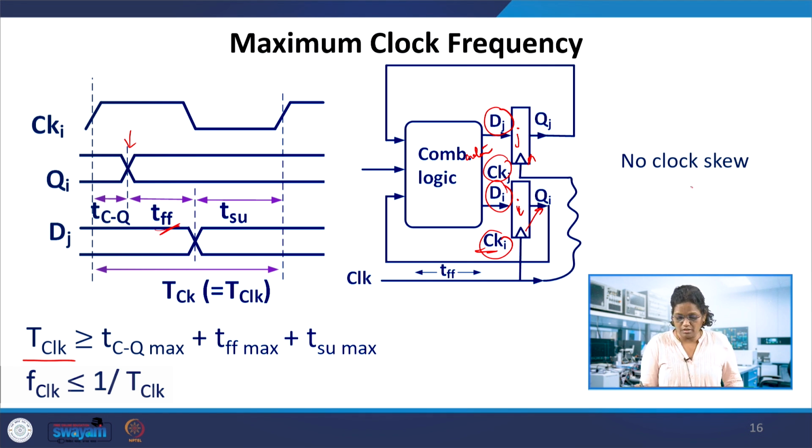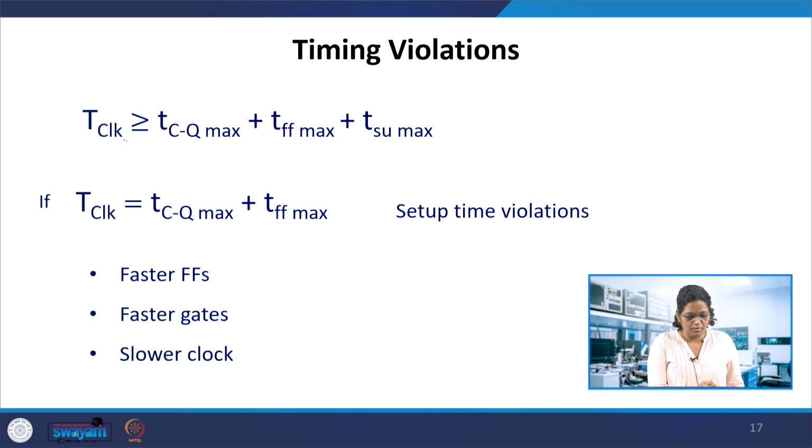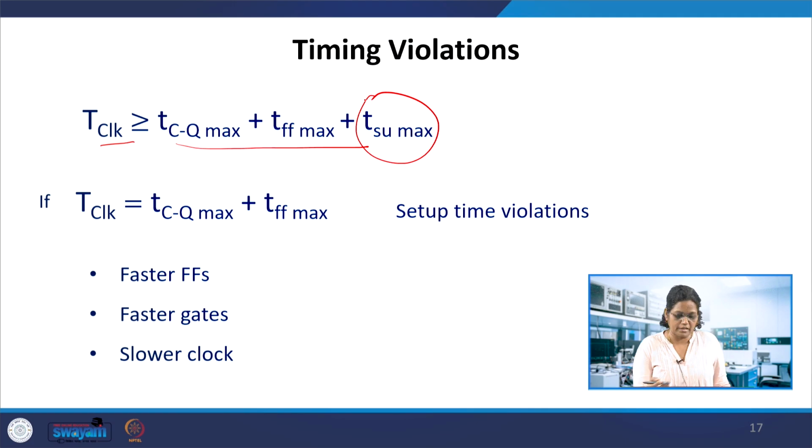Here, assuming that this clock does not have any delay, or both the flip flops are seeing the clock at the same time, there is no clock skew here. So, the expression we obtained is clock to Q, flip flop delay and setup time. Suppose the clock we choose violates the setup time of the next flip flop, then it would lead to a setup time violation.